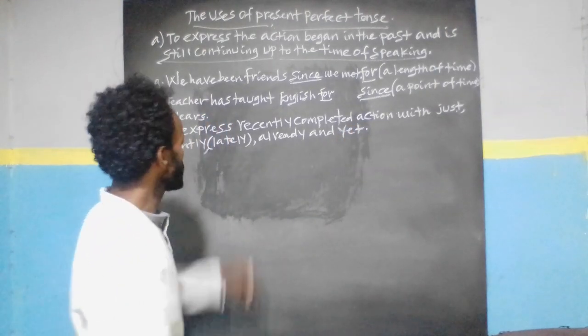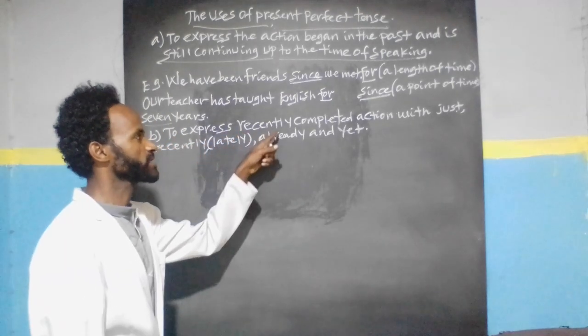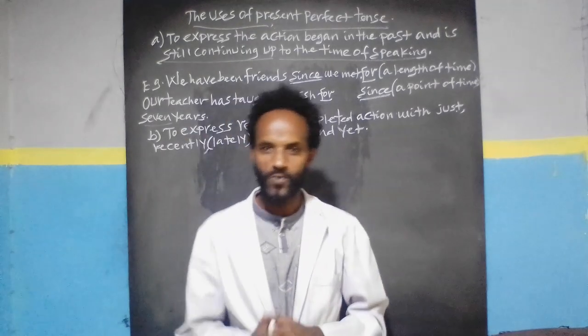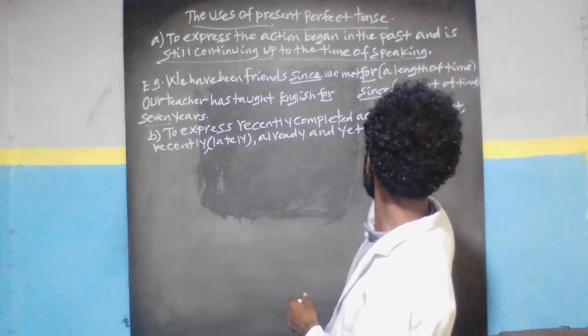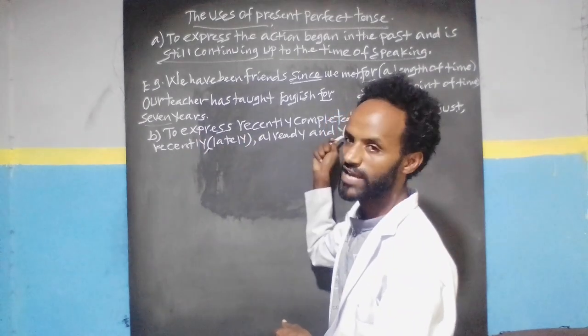So when we say this, that means we use the present perfect tense to express a recently completed action. We can use the present perfect tense with these expressions: just, recently or lately, already, and yet.